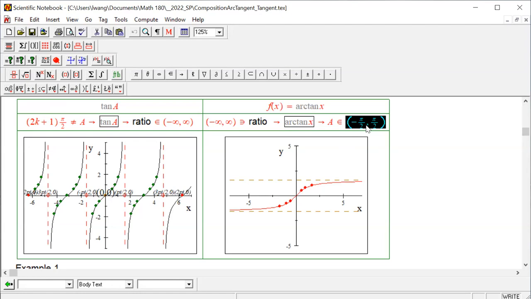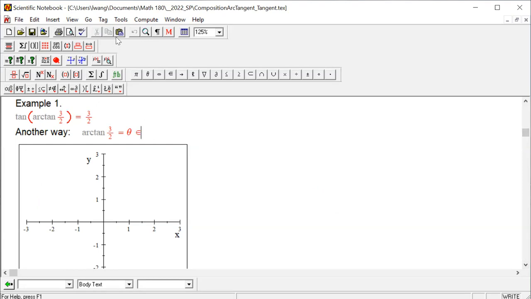The range of arctangent is from -π/2 to π/2, exclusive. Okay, you see that? It's going to either terminate in the first quadrant or in the fourth quadrant, first or fourth, measuring from the standard position.